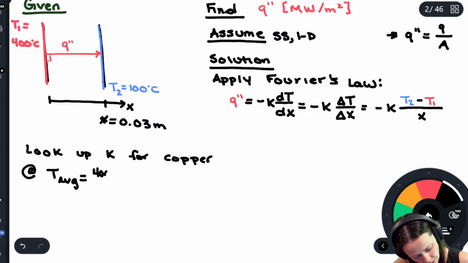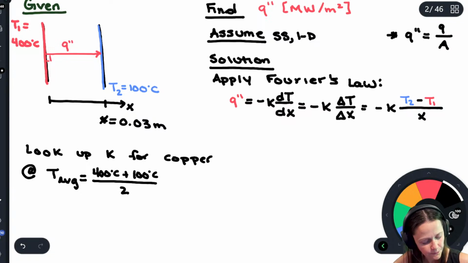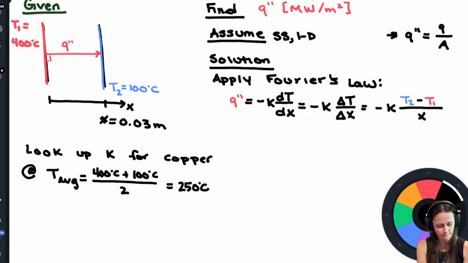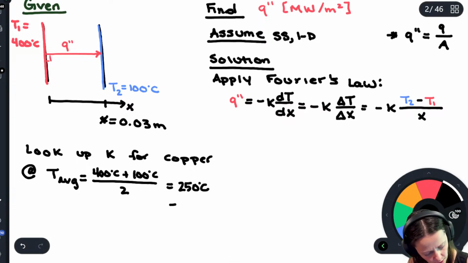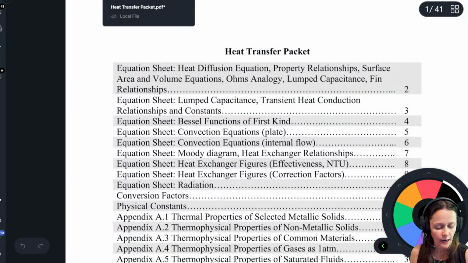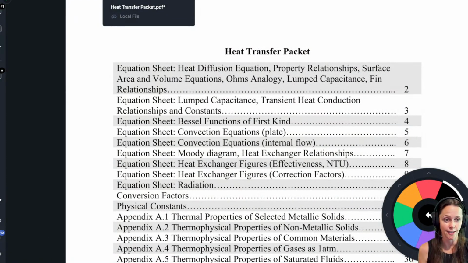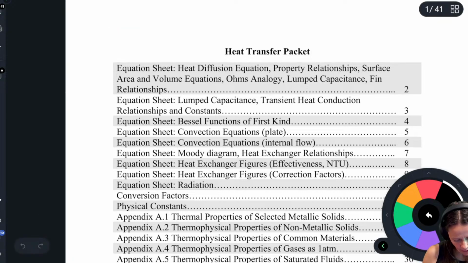So 400 plus 100 divided by 2, so 250 degrees Celsius. Okay, perfect. Let's not worry about that quite yet. If I look at my heat transfer packet, I think it's actually table A1.